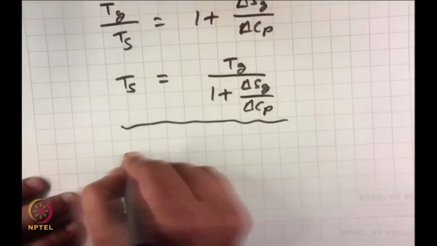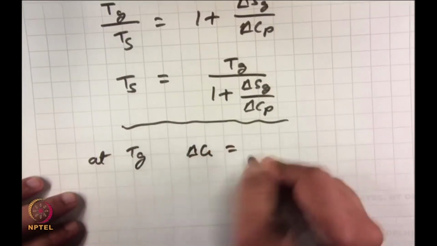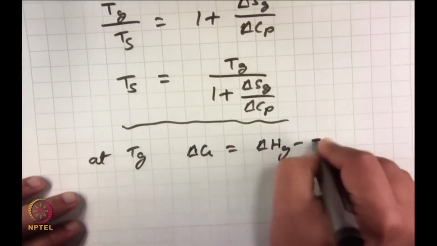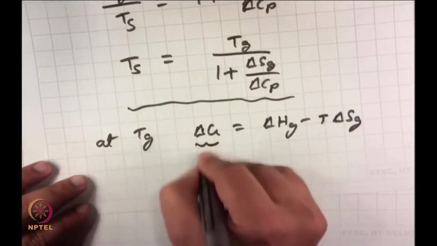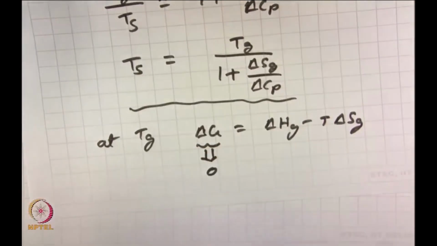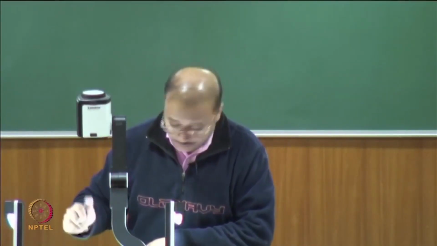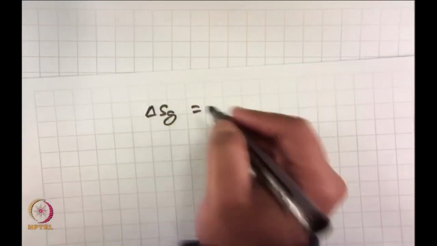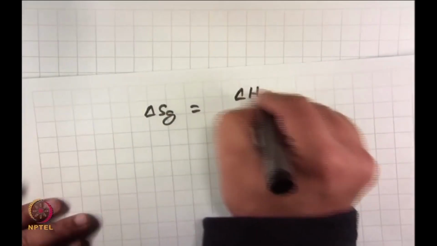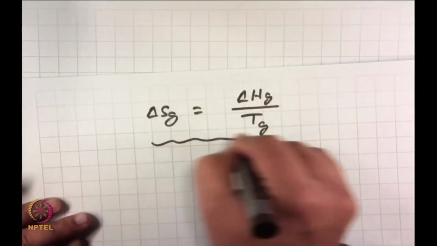So, essentially at T of g, delta g is equal to delta H g minus T delta S g, right, and because at T of g delta g is equal to 0, this is our denaturation midpoint, or the place where it cuts the axis at delta g equal to 0, we can write delta S of g is equal to delta H g by T, and here the temperature being T g. Very good. So, this we know.